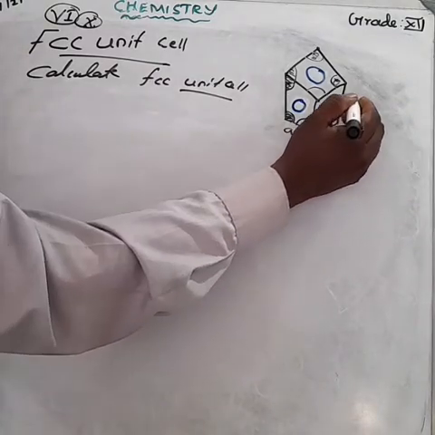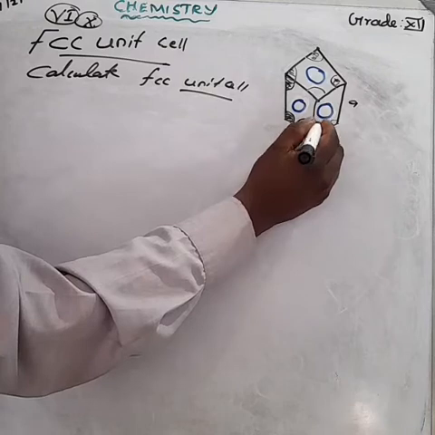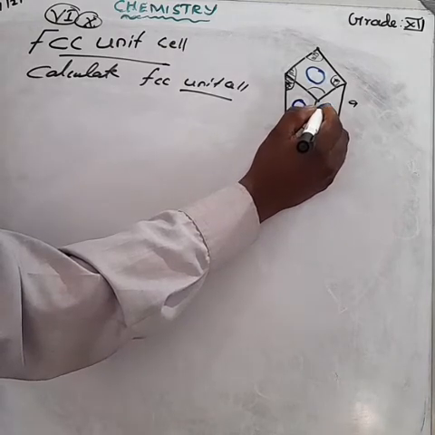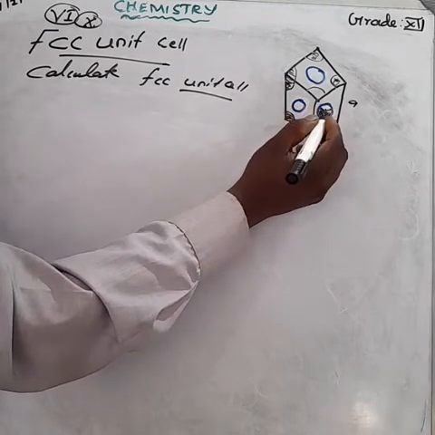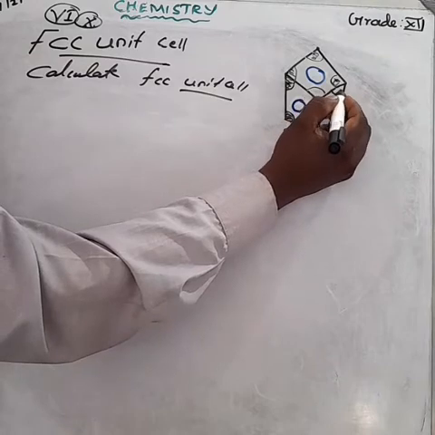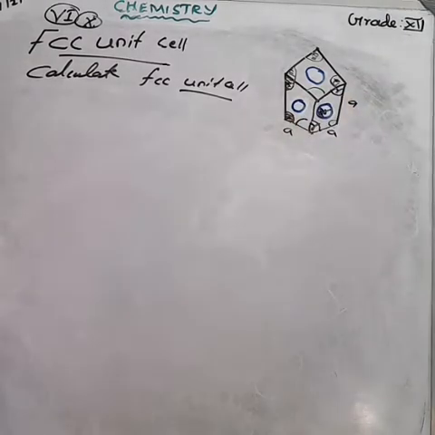Here is a radius r. The center has a full circle, so we give 2r. And at the top, here also radius r. In total we have 4r, am I right?